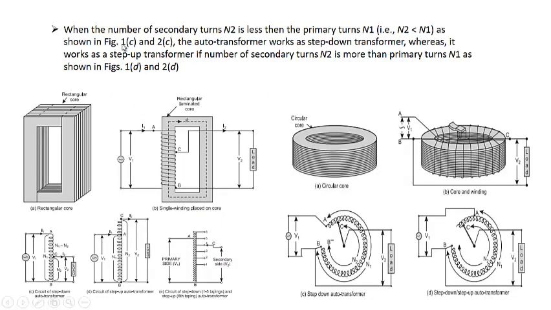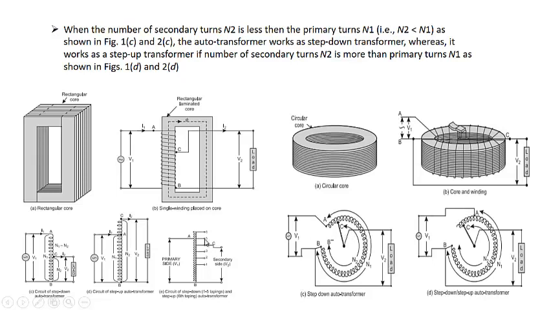When the number of secondary turns N2 is less than the primary, it's a step down transformer. You can see here points C and B have fewer turns as compared to points A and B, so this is a step down transformer. Or if the number of N2 turns is greater than N1 turns, it acts as a step up transformer.